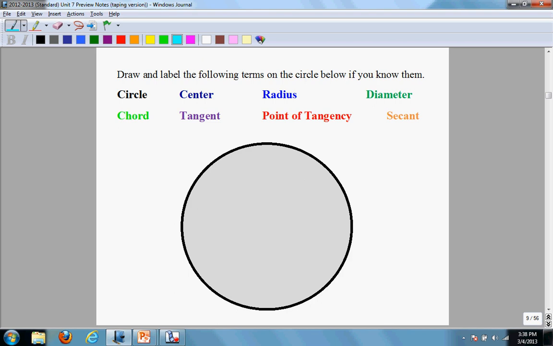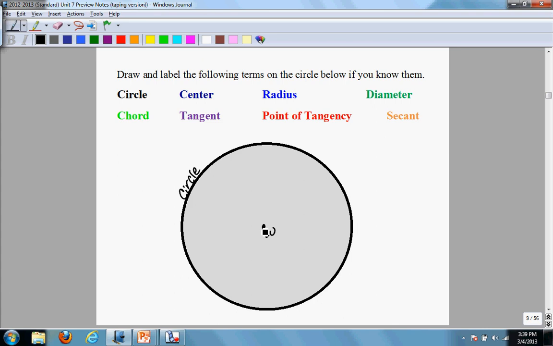Now a circle here, obviously this outer edge is the circle, so I'm just going to put it right here, that's the circle. Now put a letter smack dab in the middle here. I'm going to call that W. We name circles by their center point.